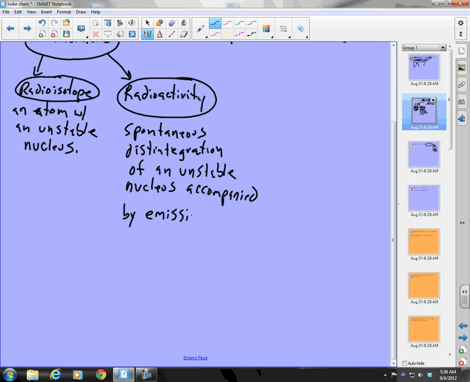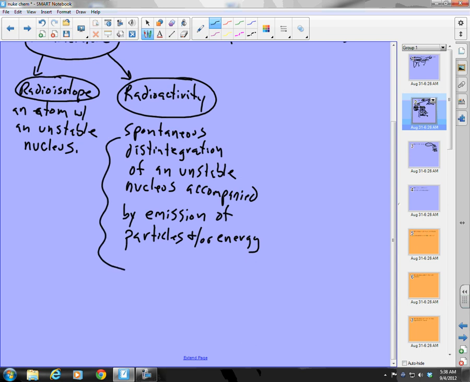That means spitting out, right? Emission, or throwing out, of particles and or energy.